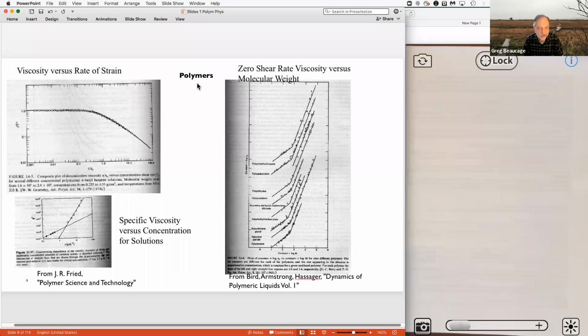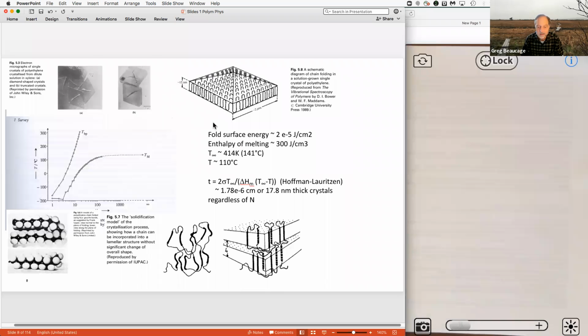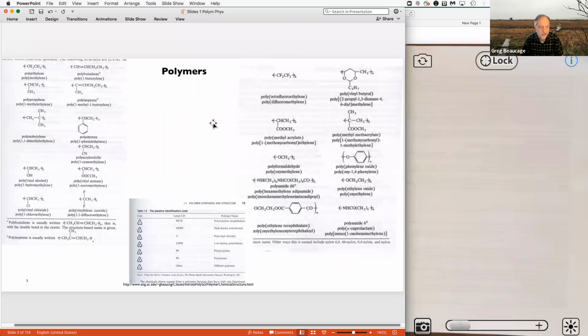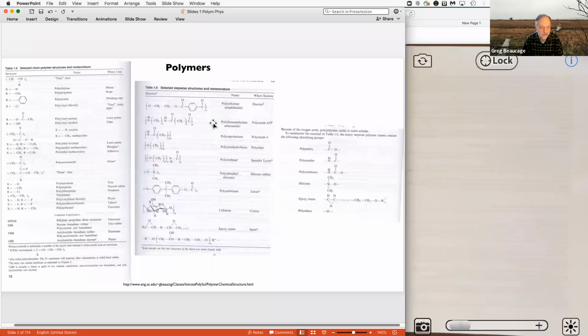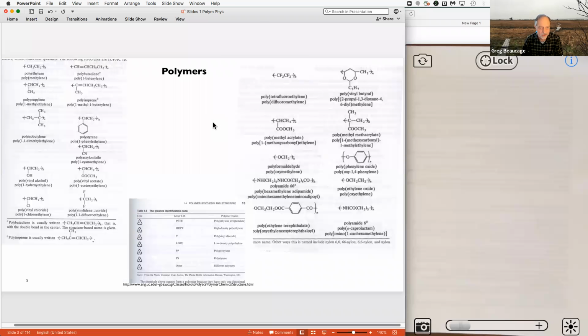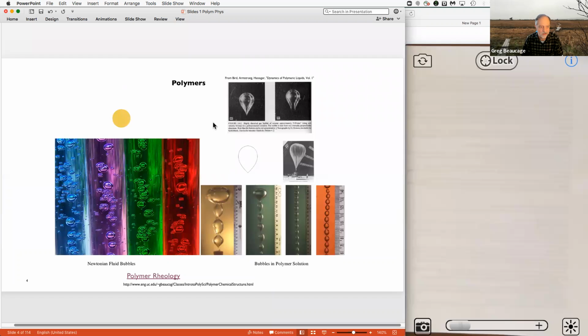So I just went through this business of viscosity. This is just in the context of what is a polymer, like how do you define a polymer? We started out saying you can define it as a series of mer units, chemical units, and then from a rheology perspective, it's a behavioral feature.